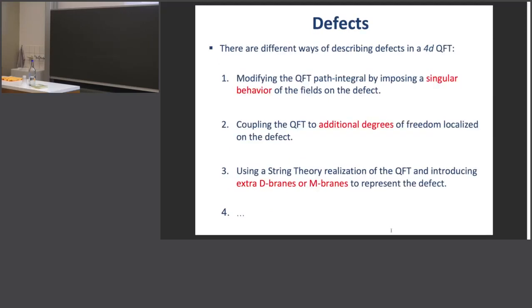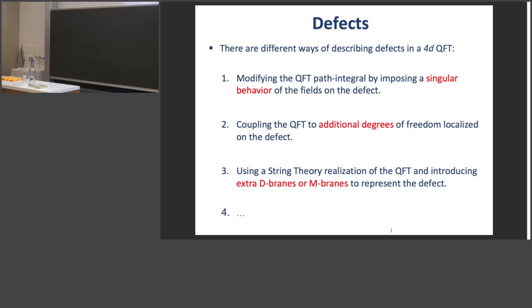There are many different ways in which you can describe defects in four-dimensional quantum field theory. One way is to modify the path integral, the rules with which you compute the quantum observables, by imposing a singular behavior of the fields around the location of the defect. That's one way. Another possibility, which a priori is different from the first one, is to add to the theory additional degrees of freedom which are localized on the surface where the defect is extended.